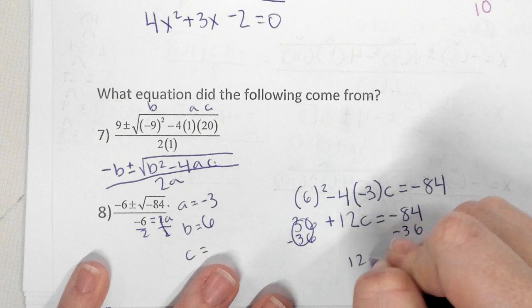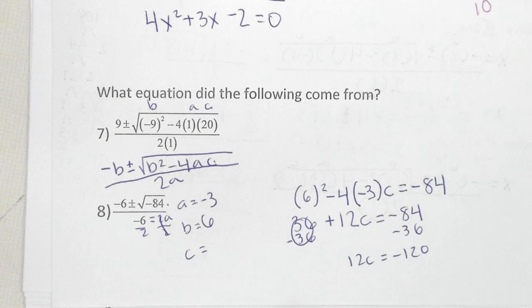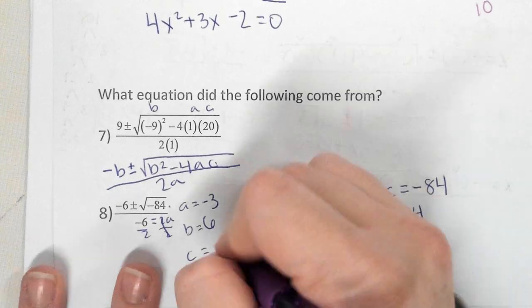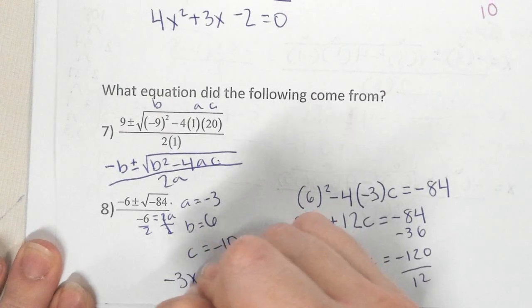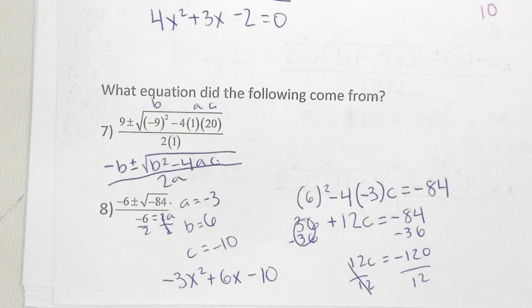And I'll save y'all time. It equals negative 120. Now what? Last step. And what do we get? Negative 10. So there is our A, B, and C, which would be negative 3x squared plus 6x minus 10. Yay! I was so smart.